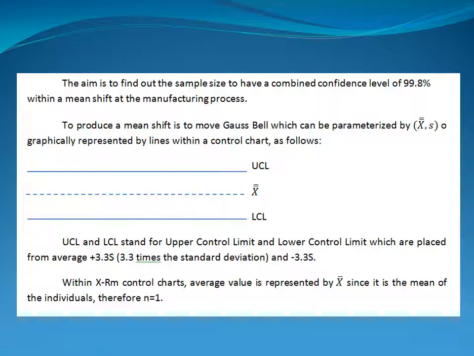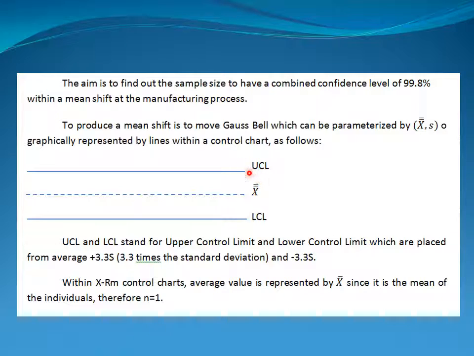Let's refresh some material about control charts. As you can remember, we have the mean of our process, of our characteristic, and then the upper control limit and the lower control limit.